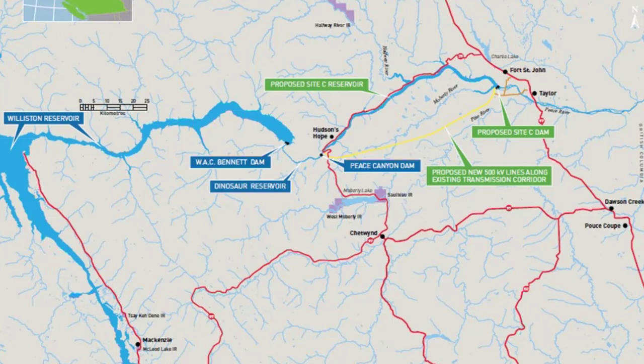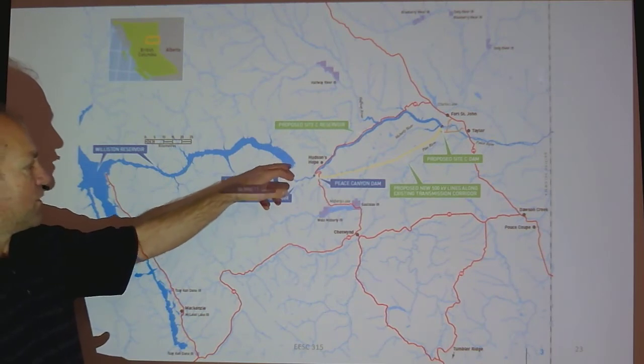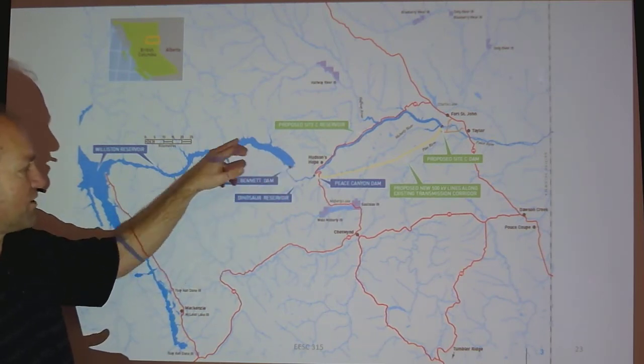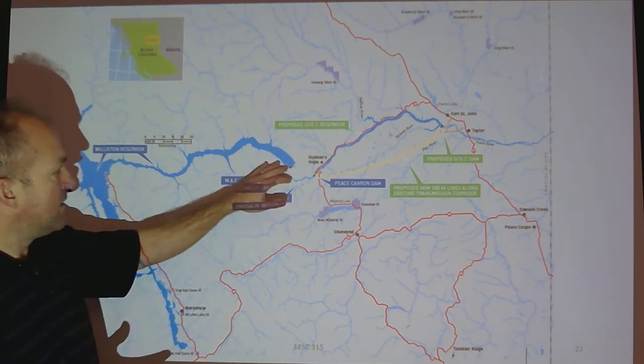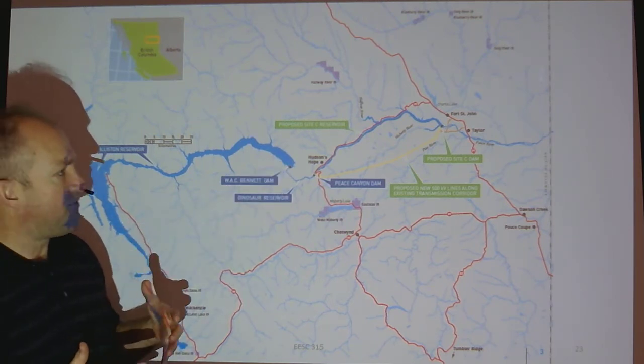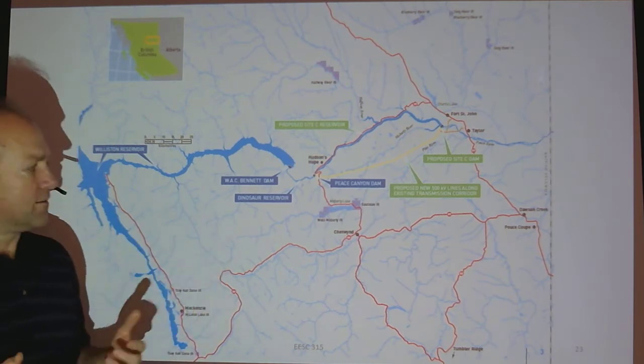And there are some practical limitations to applying future effects of a project to a scenario that will probably never again exist. In other words, unless we're going to break that W.A.C. Bennett Dam and restore the Williston back to rivers, which is pretty unlikely, the significance of comparing it to pre-development is pretty questionable.